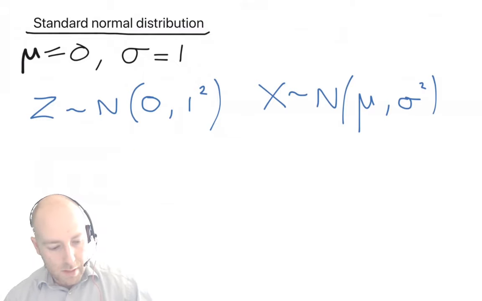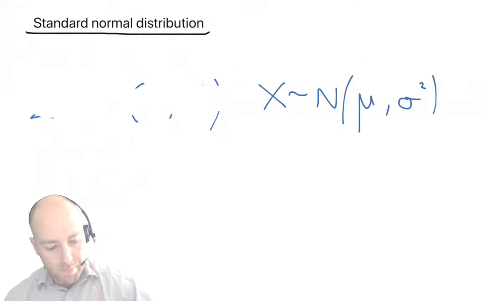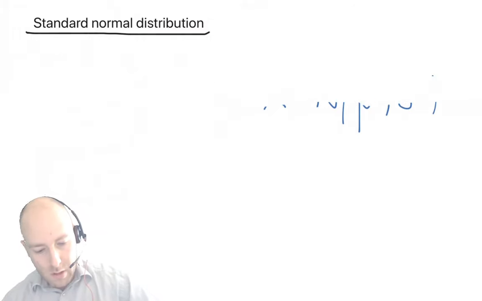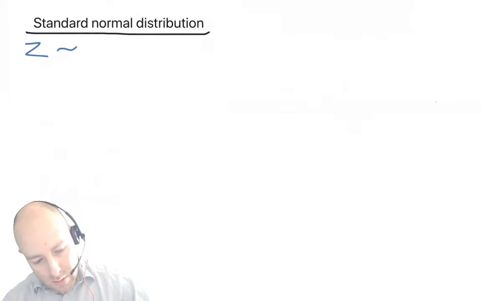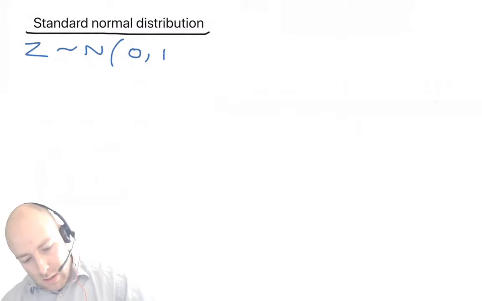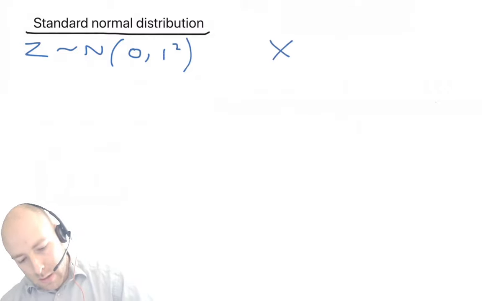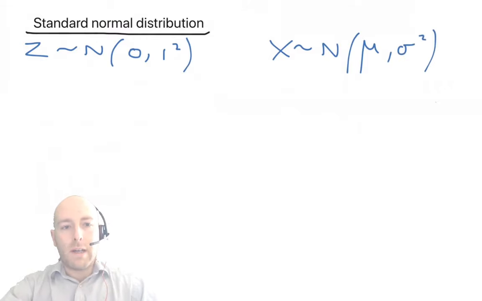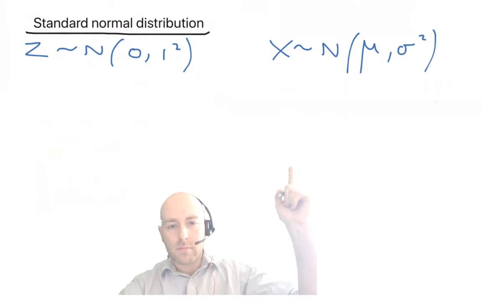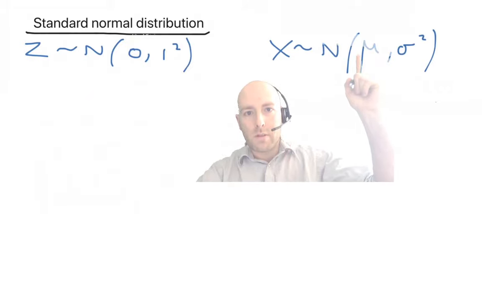let's make some space here. If I draw both of these again, we've got Z is N(0, 1²), and X is N(mu, sigma²). The one on the right hand side, this is what we've been using to describe our populations.